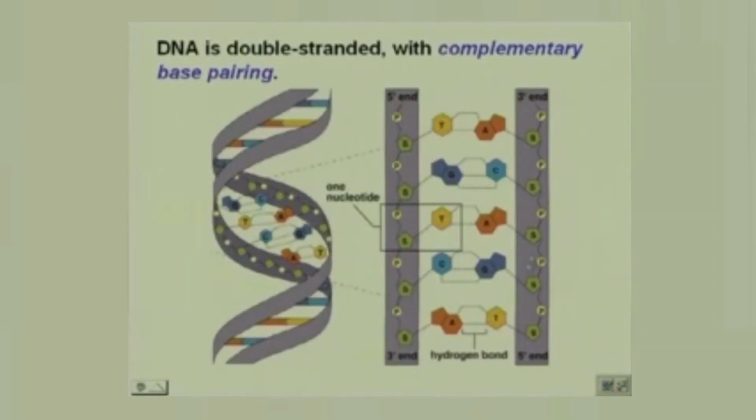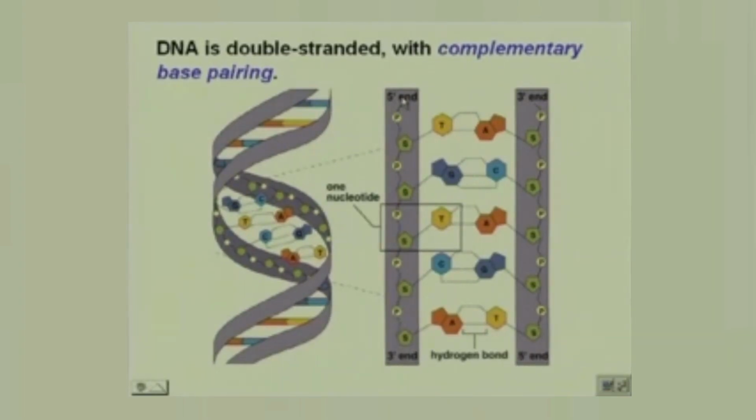This is what is usually called a ladder conformation, because it looks like a ladder. So we have a ladder conformation, and the 5' end to the 3' end is what is actually synthesized.